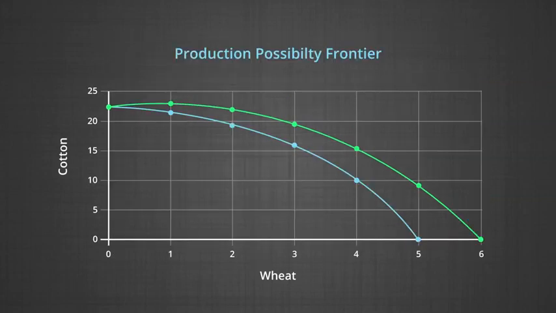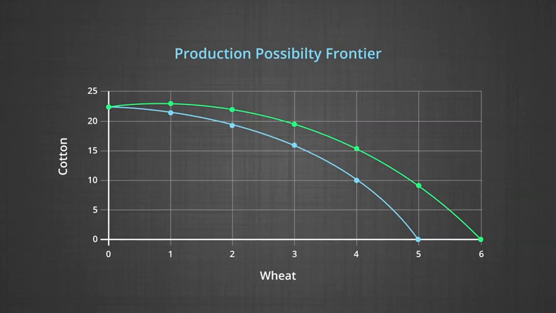Similarly, when the advance in technology leads to an increase in the productivity of wheat, the PPF swings along the x-axis. This is shown in the figure alongside. In this case, improvements in technology allow us to produce more wheat from the same resources, and the maximum amount of wheat we can now produce if we produce no cotton at all is 6 tons.